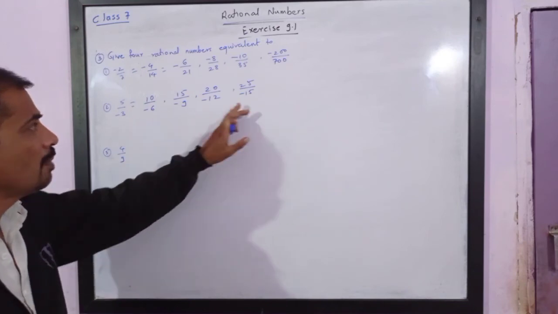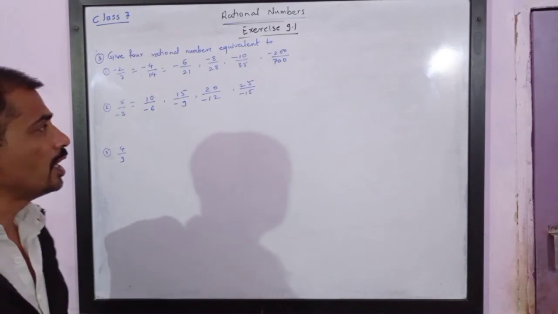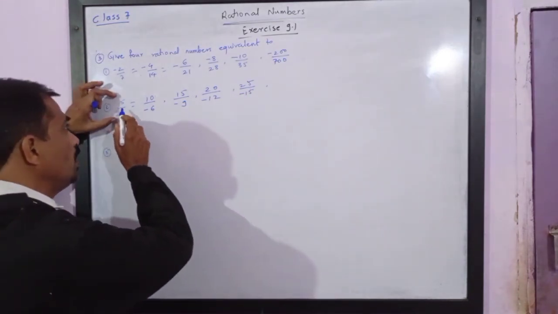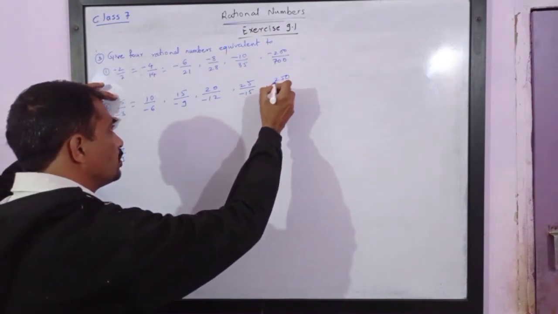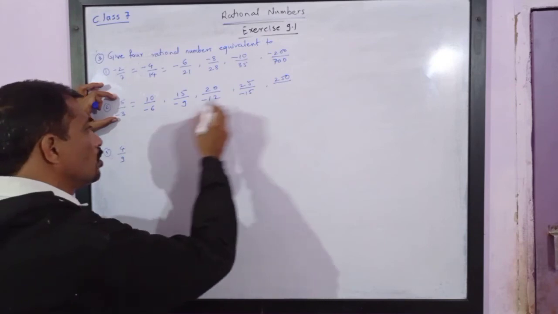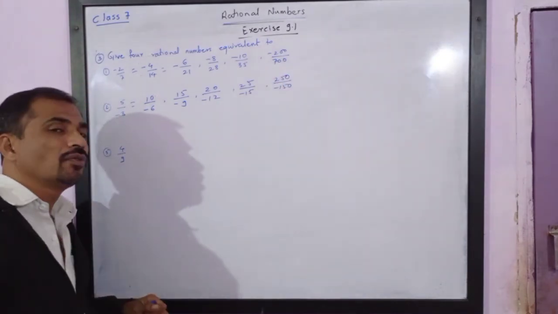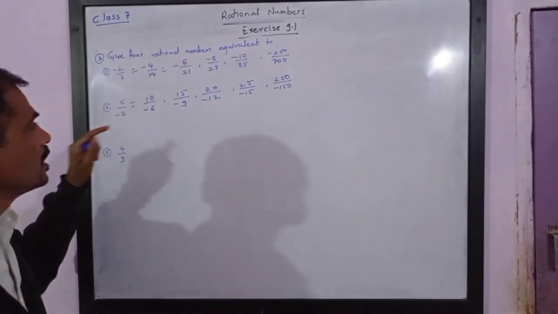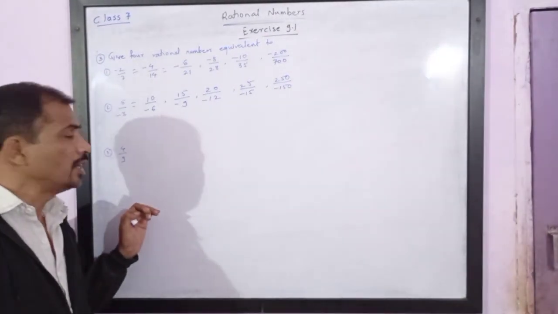Even if you multiply by 100, even if you multiply by 50, still we will get an equivalent fraction. So if this is multiplied by 50, we will get 250 upon negative 150. So this is also an equivalent fraction. Please note, numerator and denominator both must be multiplied by the same number to get an equivalent fraction.